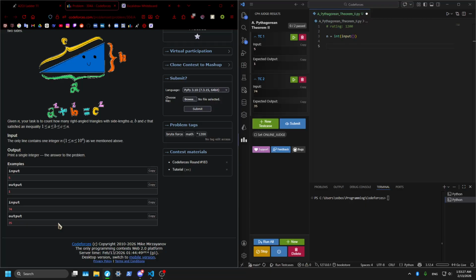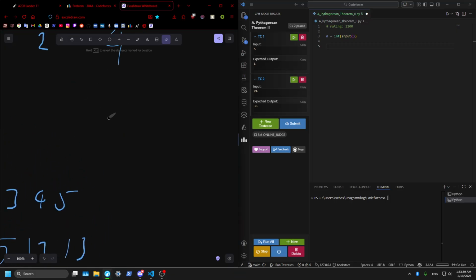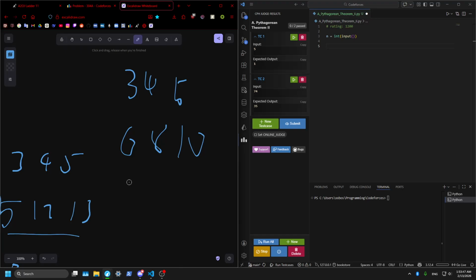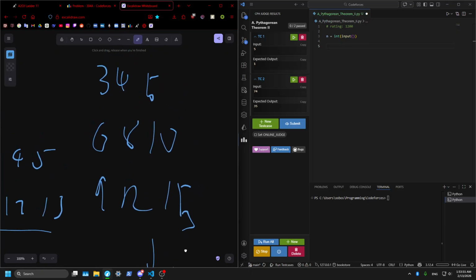Okay, well, can we do like a sieve? Okay, so 3, 4, 5 will automatically include 6, 8, 10, and it'll include 9, 12, 15, all the way down, right?